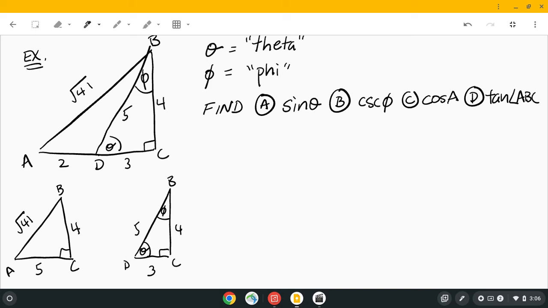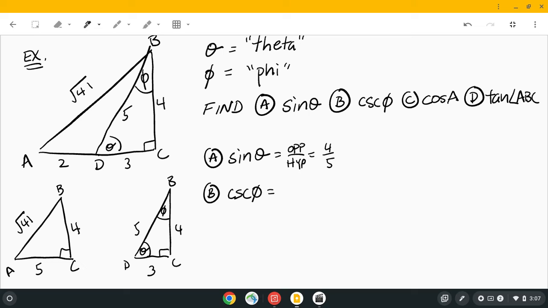All right, so let's take a look. Sine theta, let's do that one first. Theta is over here. Sine is opposite over hypotenuse, so for theta, opposite over hypotenuse is 4 over 5. All right, let's do B, cosecant of phi.